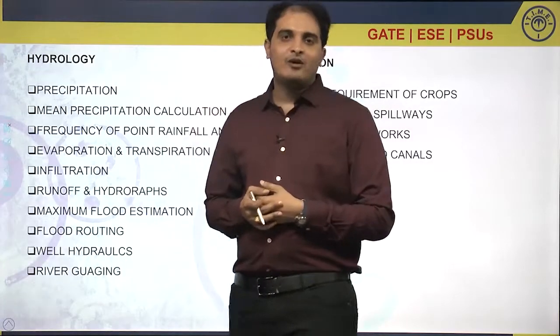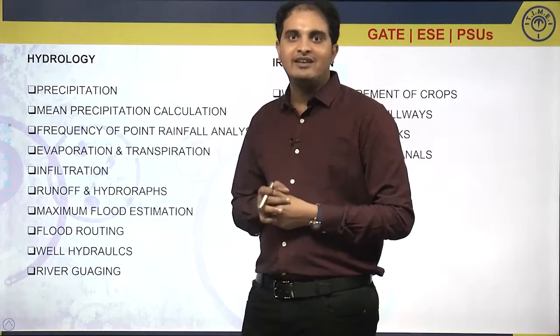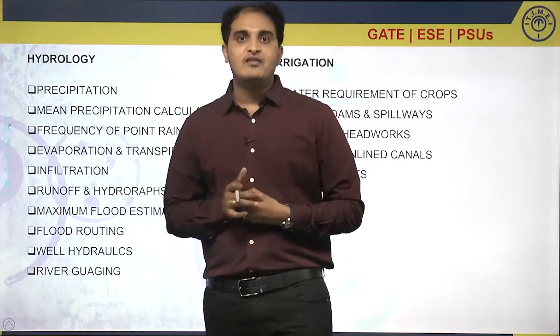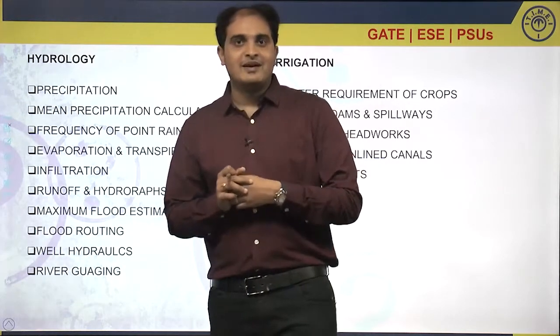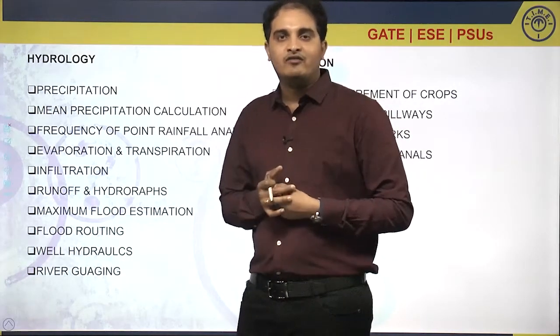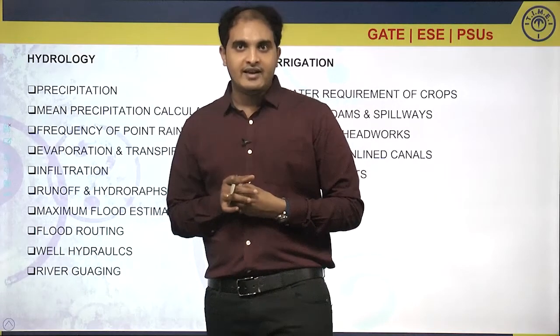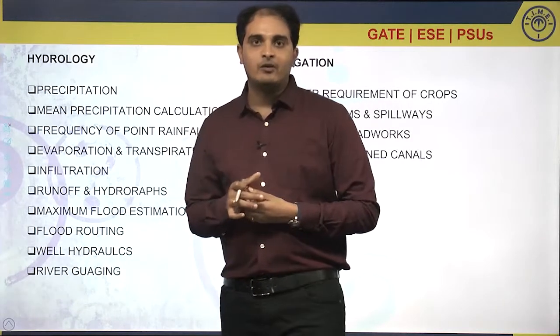And apart from Horton's curve, we have one more type of problem which is very important in GATE, especially in ESE also, that is how to measure the infiltration by using infiltration indices. That means infiltration is measured by using infiltration indices. We have two kinds of indices, the phi index and the W index. The phi index is PE minus R by TE, where PE is the effective rainfall.